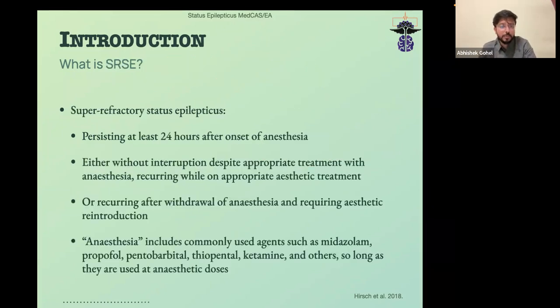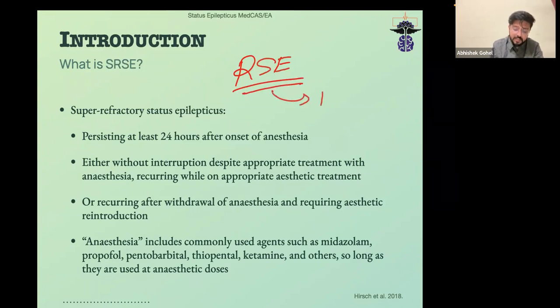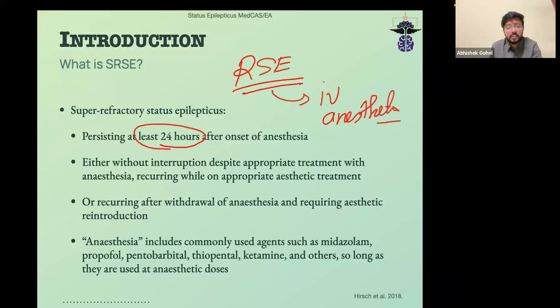Next step is, what is super-refractory status epilepticus? A refractory status epilepticus, when we start them with IV anesthetic agents, still, even for 24 hours, you have given this at least for 24 hours, and still the patient is seizing.